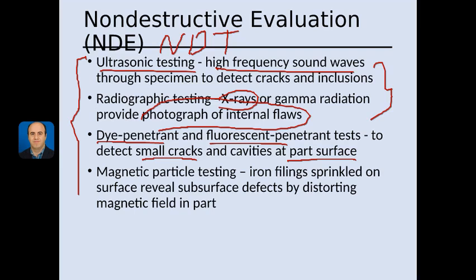And magnetic particle is also used for detecting discontinuity near the surface of the part. So these two are for the surface, and this is for deeper below the surface.